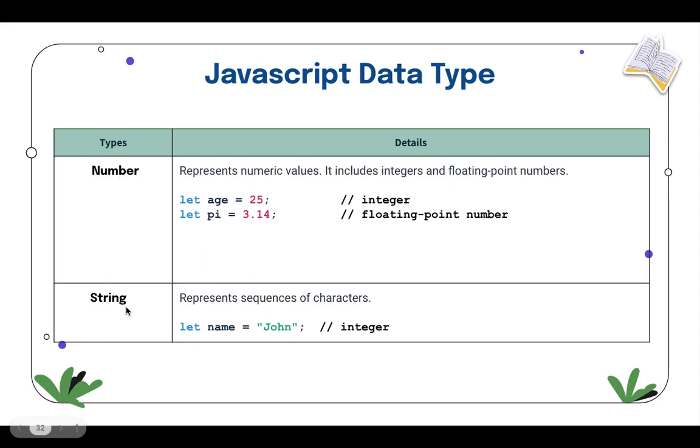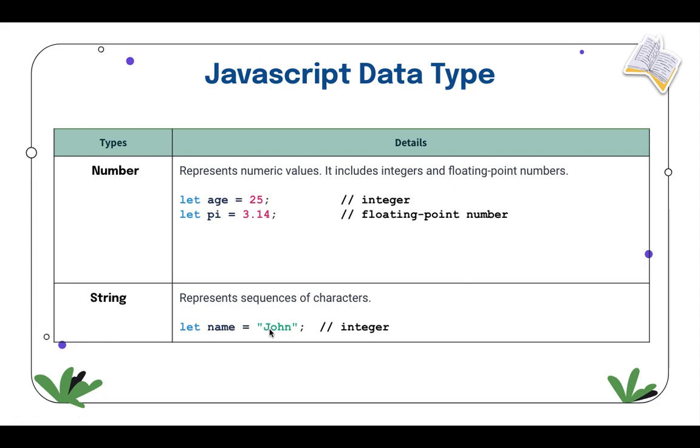String variable. So what is a string variable? Whenever you want to store a value that is alphabetical or alphanumeric, the value will be a string, and it should always be enclosed in double quotes or single quotes. Okay, so this is a string variable.